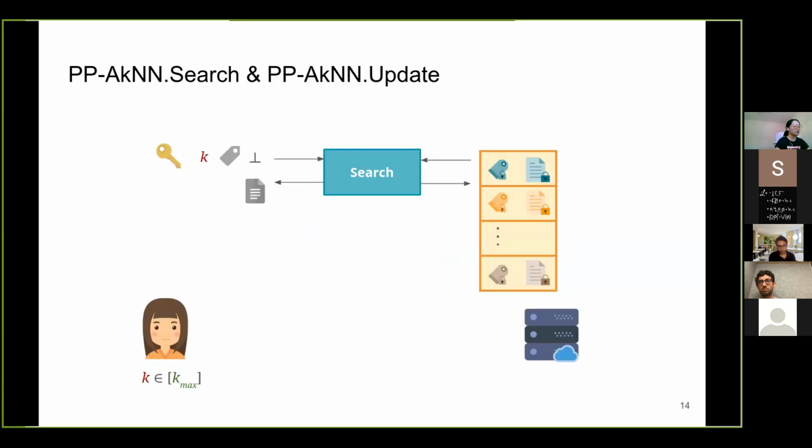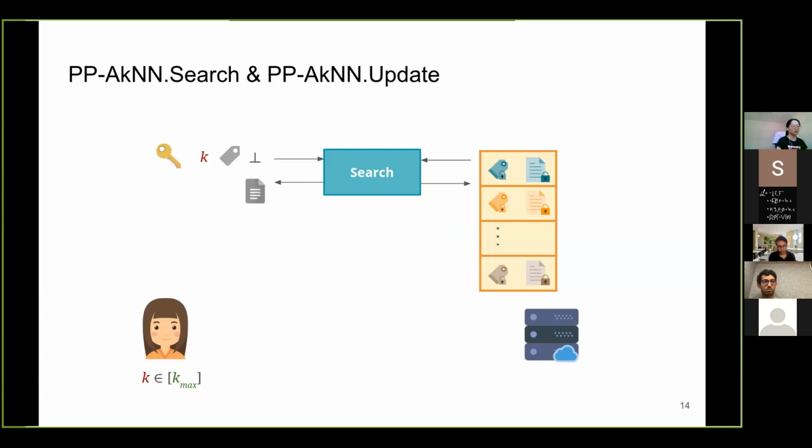For the search and update, those are the interactive algorithms run by the client and server. For the search, the client will input her secret key and the secret K, which is in the range from 1 to Kmax, and the query tag, and empty input. And then the server will input the encrypted database.